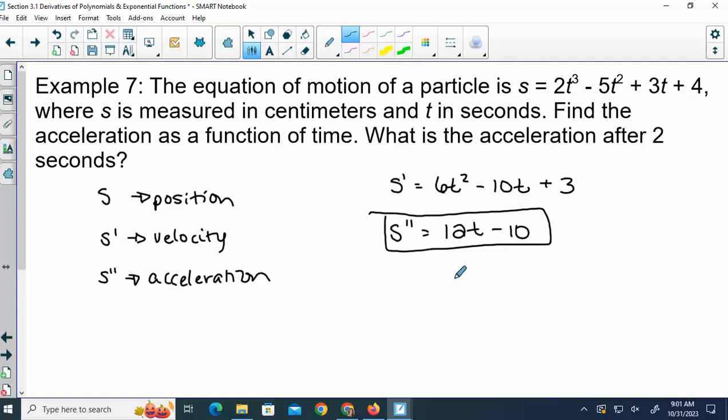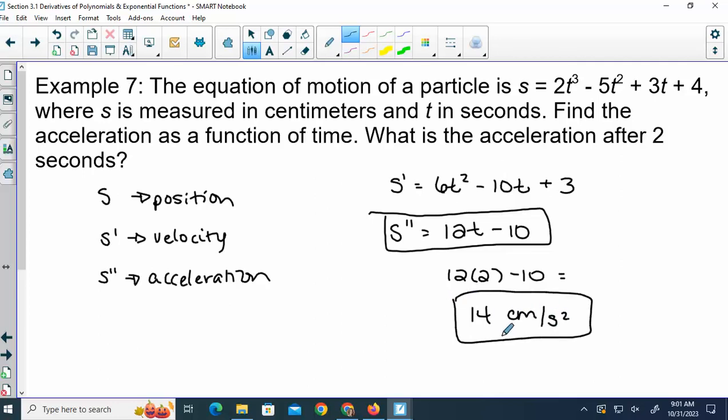So what would we do? 24 minus 10 gives us 14. Acceleration is in centimeters per second squared. Those okay? Practicing what we did yesterday.